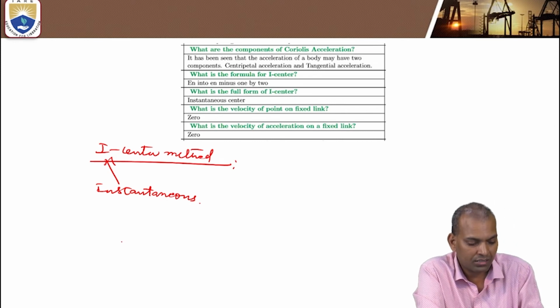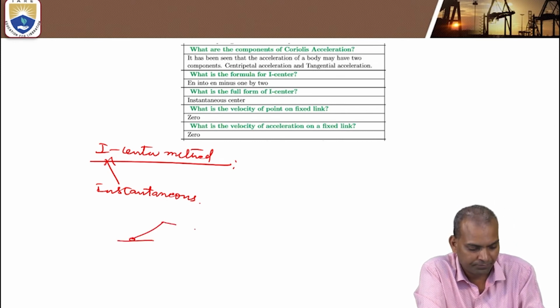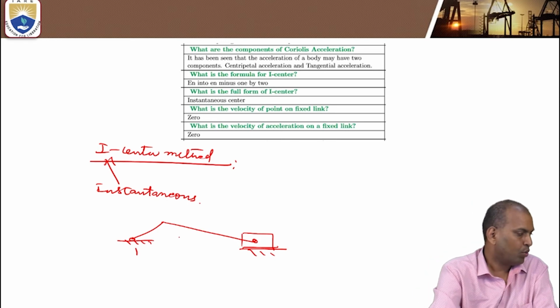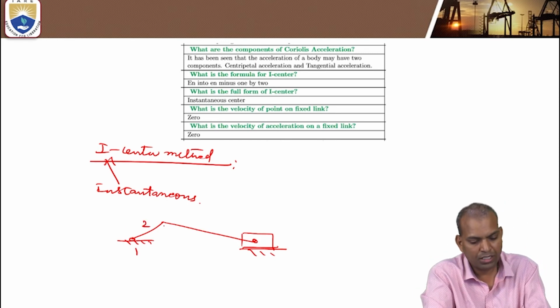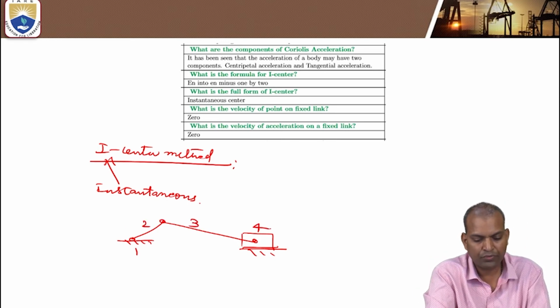If we consider a slider crank mechanism, there is link 1, link 2, link 3 and link 4. Link 2 is rotating with respect to the fixed link about a center. That center is known as an I-center.